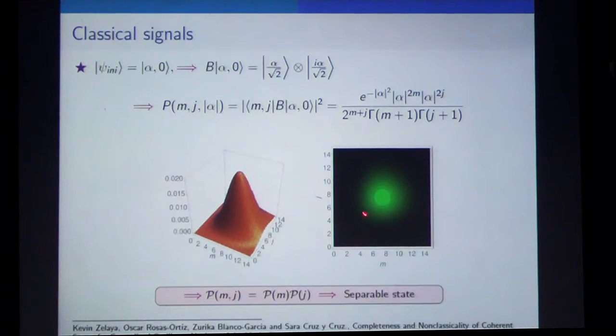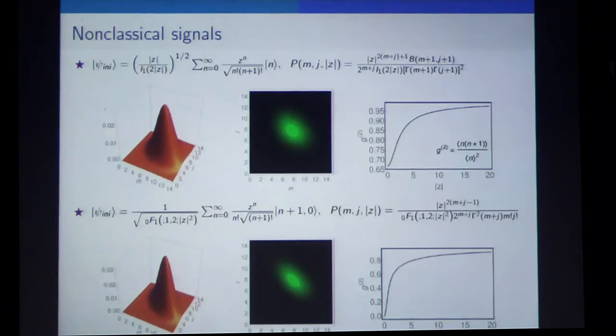And here are some level curves of this probability. Now let me apply these two criteria to the two nonlinear coherent states. This is the coherent state, and this is the Knight nonlinear coherent state. When I calculate the joint probability, we found that in both cases it is non-factorizable.